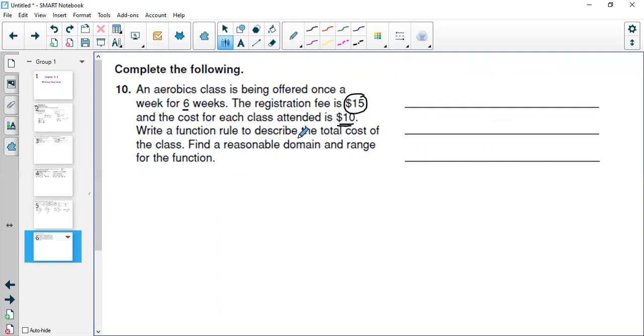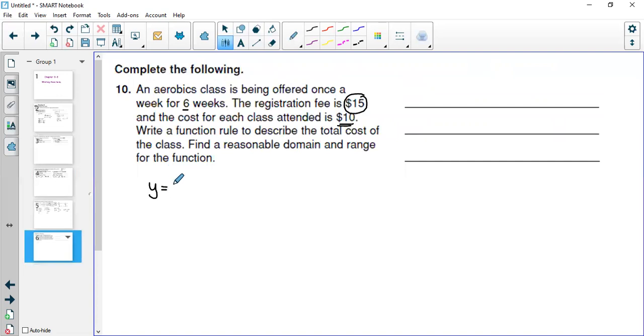Write a function rule to describe the total cost of the class. Find a reasonable domain and a range for the function. So first let's write the function. Always start the function with y equals, which means this is going to be the cost. First start by writing the amount which you must pay.